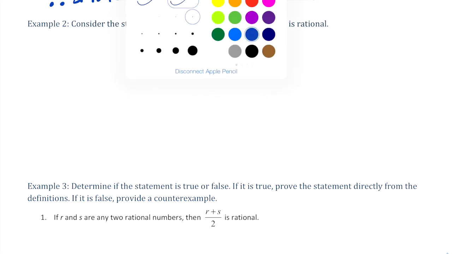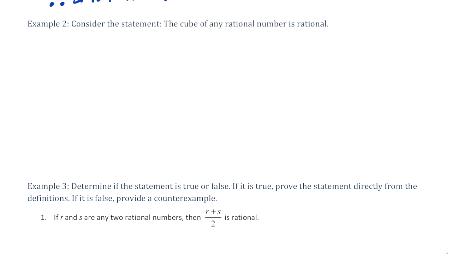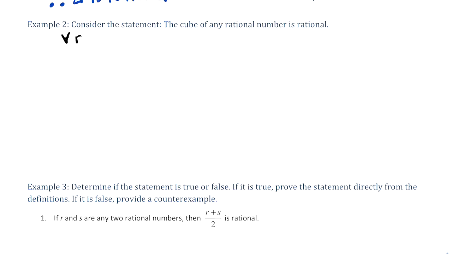You've learned a few ways to restate this. The cube of any rational number is rational. So one way you could do this is: for any rational number, its cube is rational.